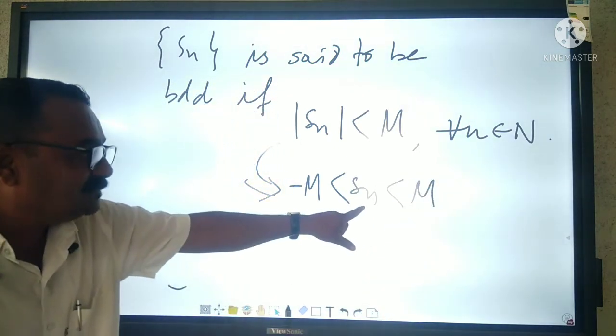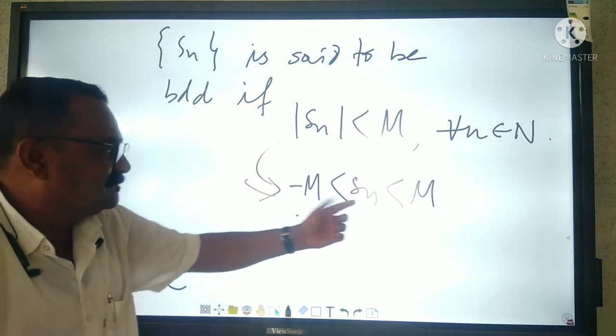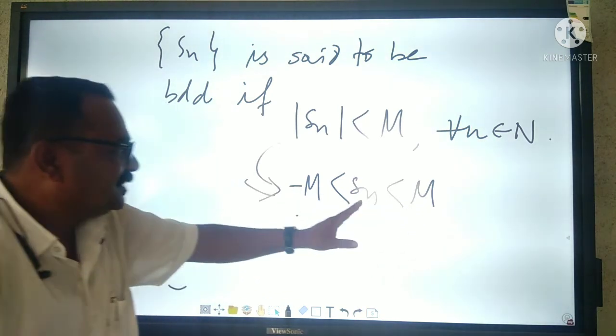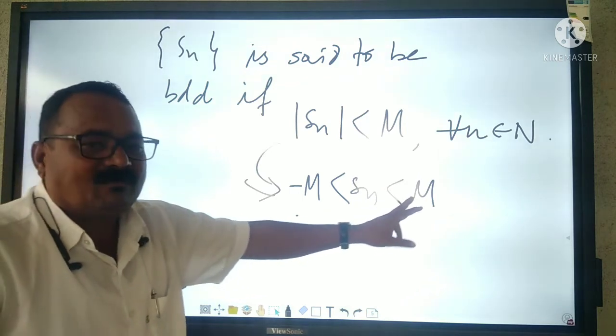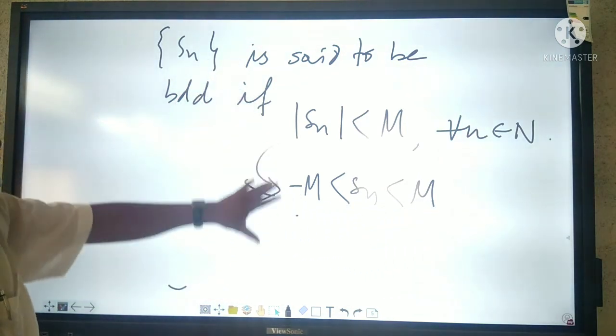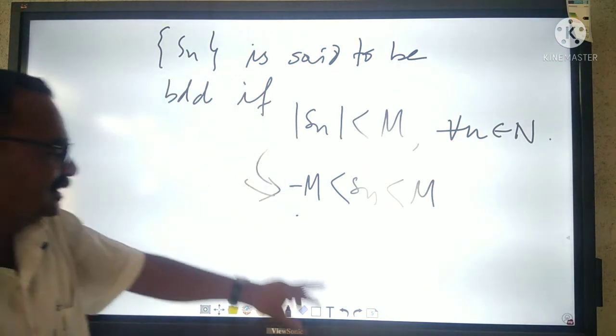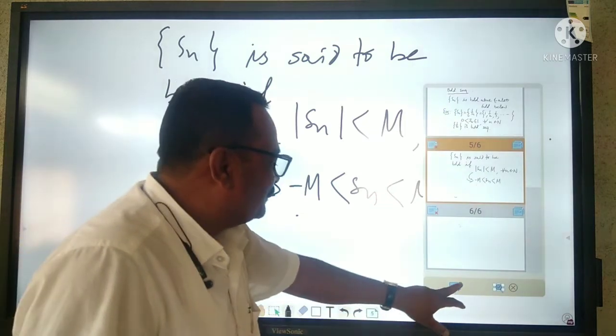Each term of the sequence is greater than minus m and less than m. That is, Sn is bounded above by m and bounded below by minus m. Then we say that the sequence Sn is a bounded sequence. This is one more definition of bounded sequences.